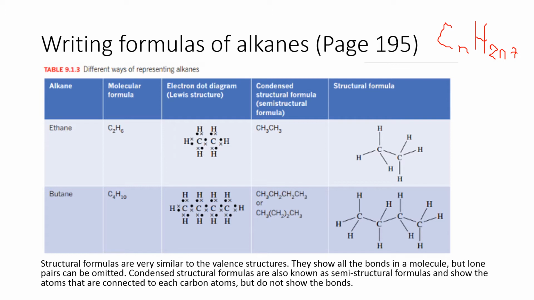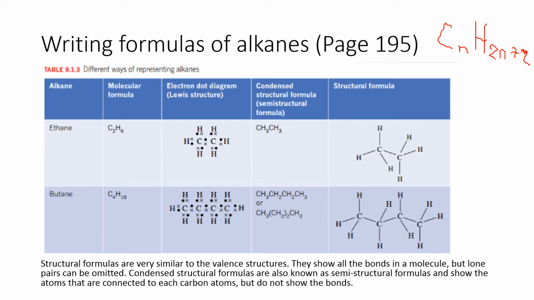So if you have 1 carbon, you will have 4 hydrogen within that particular compound. Today we are going to look at a few examples and how we draw the structure of these alkane compounds.